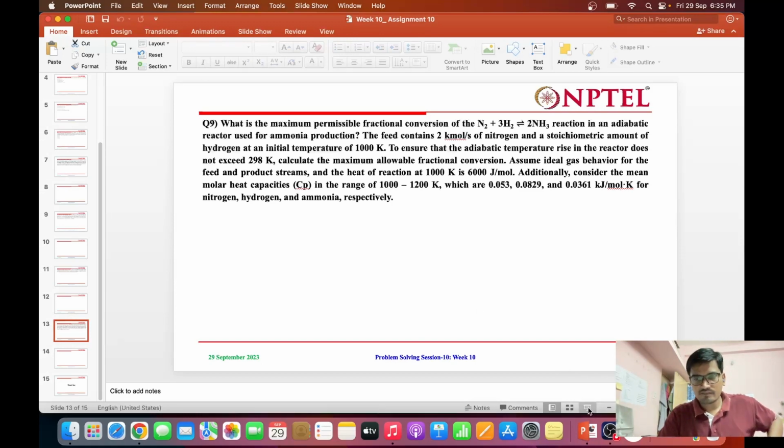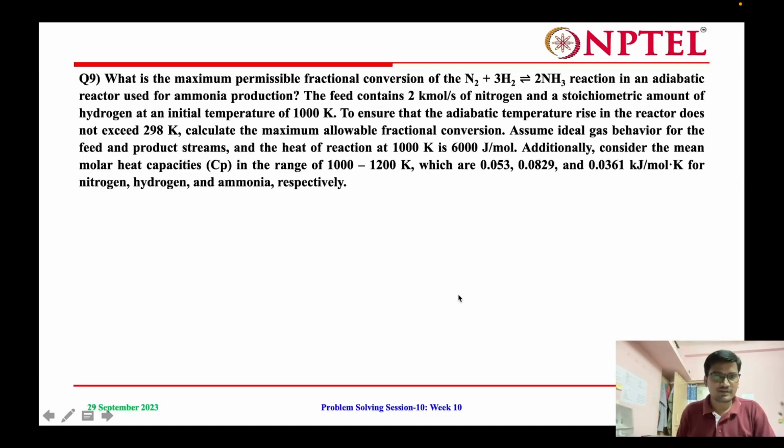Question number 9. What is the maximum permissible fractional conversion of N2 plus 3H2 gives twice NH3 in an adiabatic reactor used for ammonia production? The feed contains 2 kilomole per second of nitrogen and a stoichiometric amount of hydrogen at the initial temperature of 1000 Kelvin. To ensure that the adiabatic temperature rise in the reactor does not exceed 200 Kelvin, calculate the maximum allowable fractional conversion.